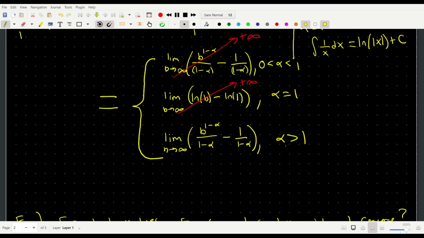When alpha is strictly greater than 1, 1 minus alpha is going to be a strictly negative number, and therefore the limit as b goes to infinity of b to the 1 minus alpha will be 0. This limit goes to 0 as b goes to positive infinity.